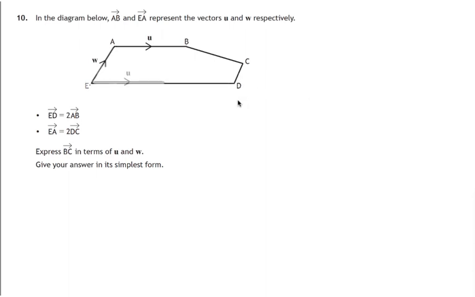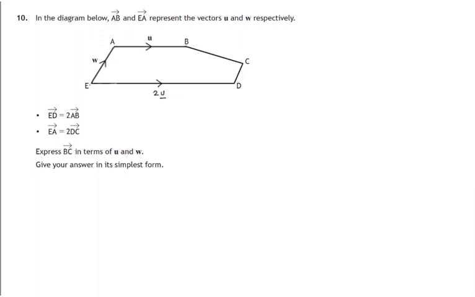So the whole line segment E to D will represent U plus U. That's twice U. So let's write that down. E to D will represent 2U.